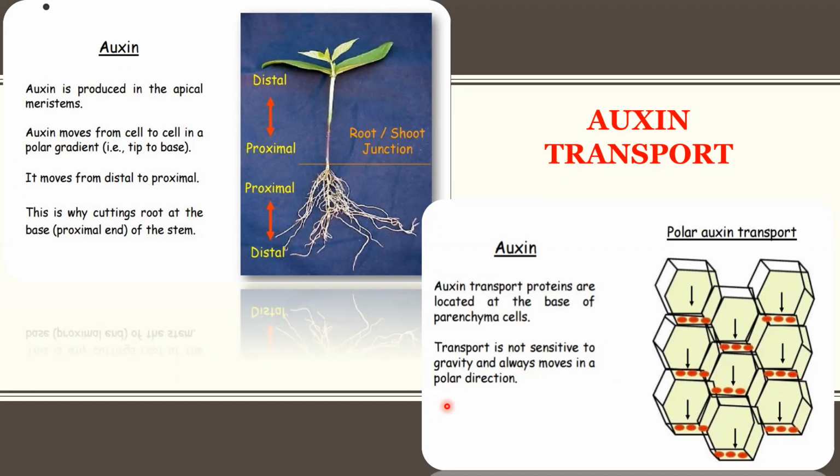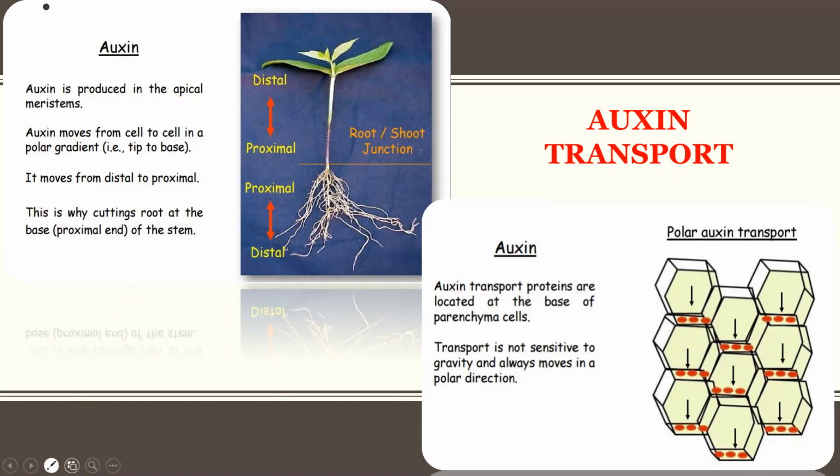It moves from the distal to proximal part of the root and from the distal to proximal part of the shoot. Auxin transport is always unidirectional.